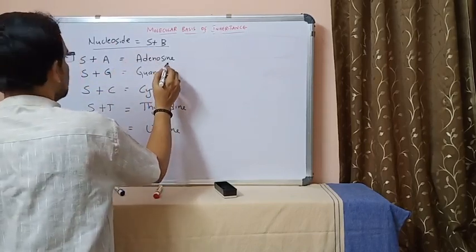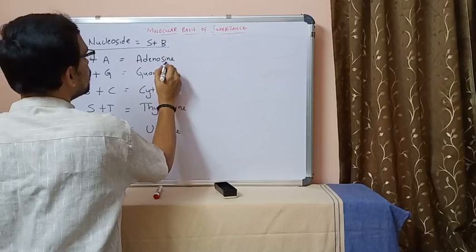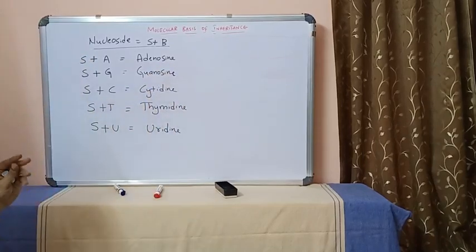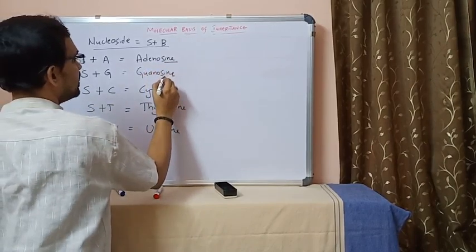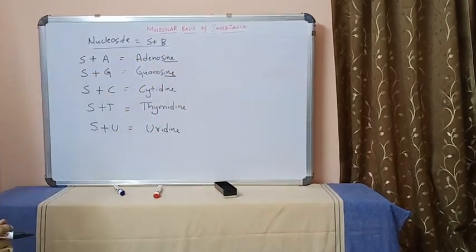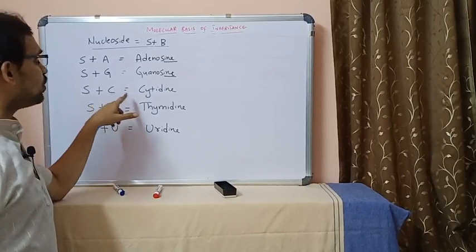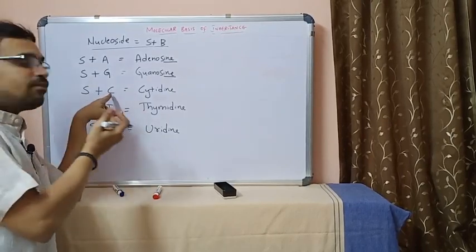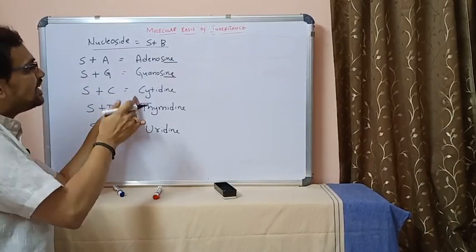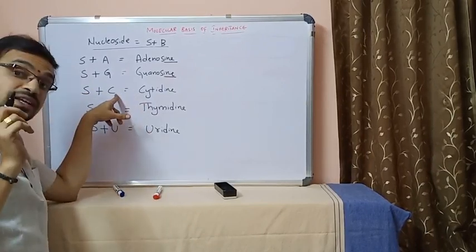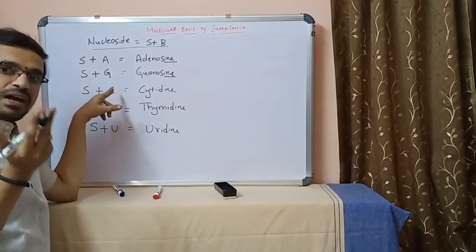here adenine and guanine are purines. The suffix in purine is INE. So you can find INE here, INE here. Cytosine is a pyrimidine, so the name changes: cytosine becomes cytidine. Cytosine is purine or pyrimidine? Pyrimidine.